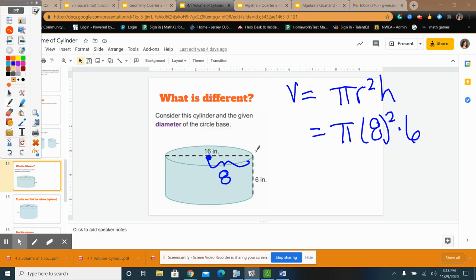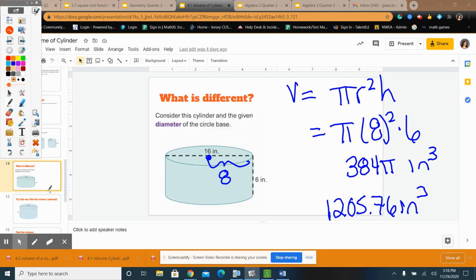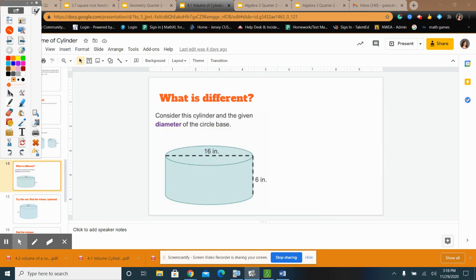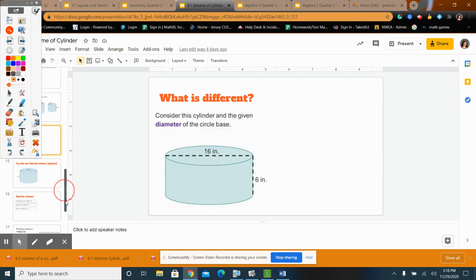And then again, if you want exact, 8 squared times 6 will be 384 pi inches cubed. And if you need an approximate, you'll just take 384 times 3.14 and you'll get 1205.76 inches cubed. So they give you the diameter. It's not a big deal. You just need to find the radius first because that's what we need for the formula.